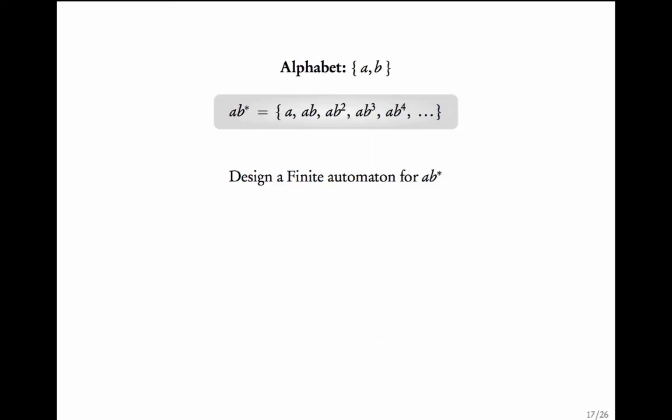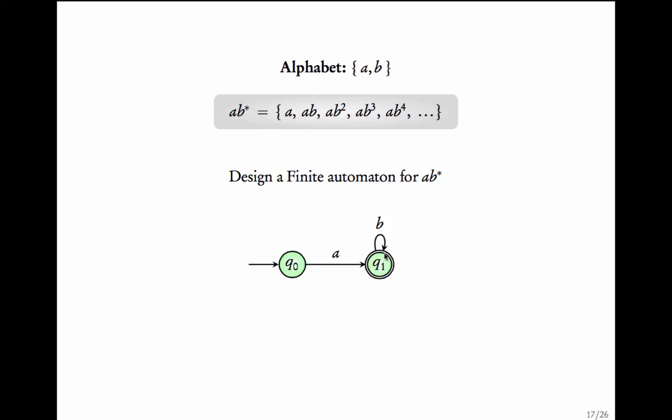Now, let us consider the language AB star. My automaton should read an A. Once it reads an A, it should just keep reading B. Here it is. This is my initial state. I read an A and I go to an accepting state. That's fine because A is there in the language.